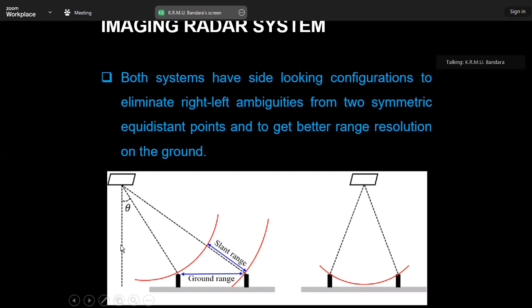This is the exact vertical direction, and this is the nadir point, according to photogrammetry. We can say this is the point touching the ground, called the ground nadir point. This is the nadir track, where the antenna is flying. The satellite is moving perpendicular to the screen, and side looking.